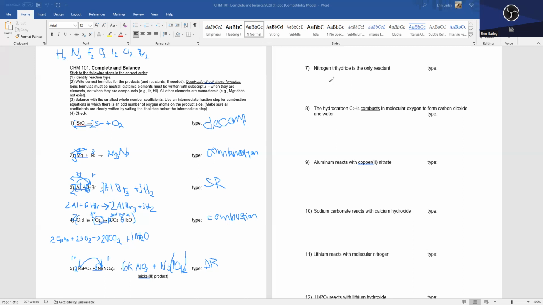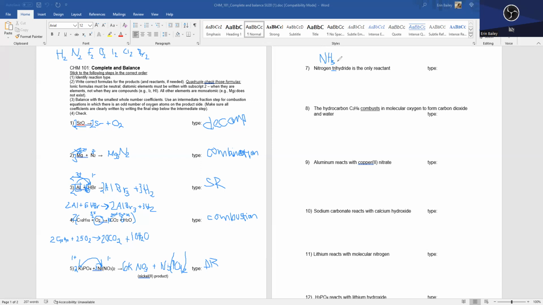All right, we're going to work on number 7. Nitrogen trihydride. What this is telling me basically is that this is a covalent compound because I see the prefix tri. So when I see nitrogen trihydride, I see nitrogen, that's only one, and then trihydride, that's NH3 because there's 3 hydrogens.